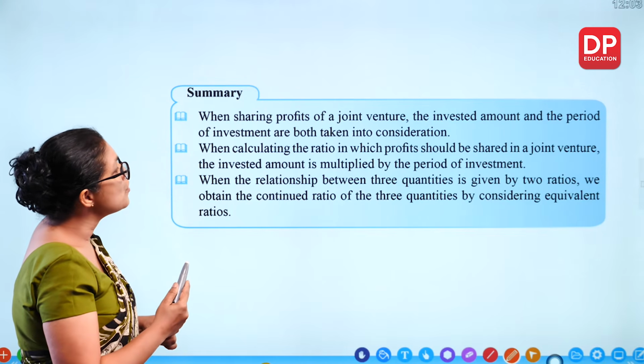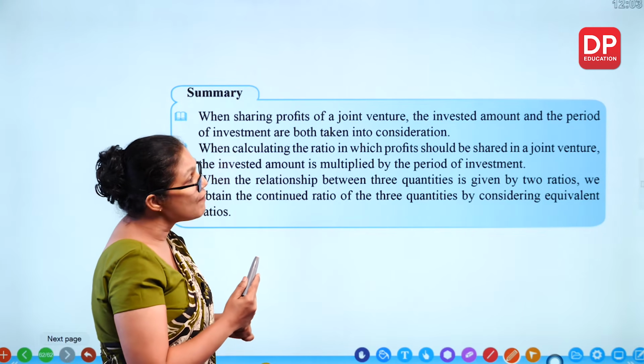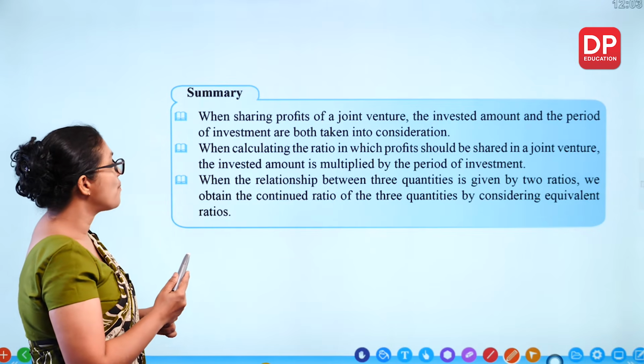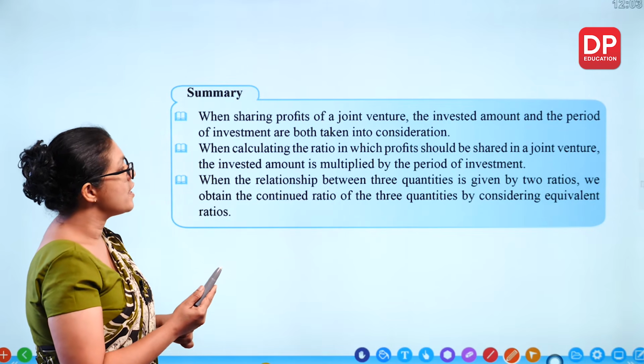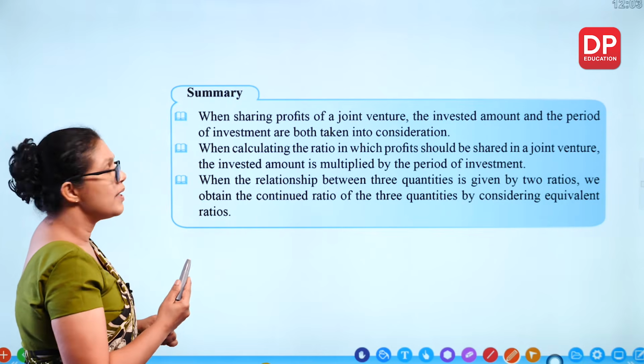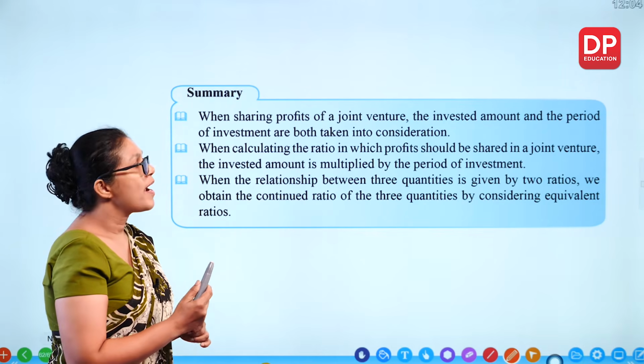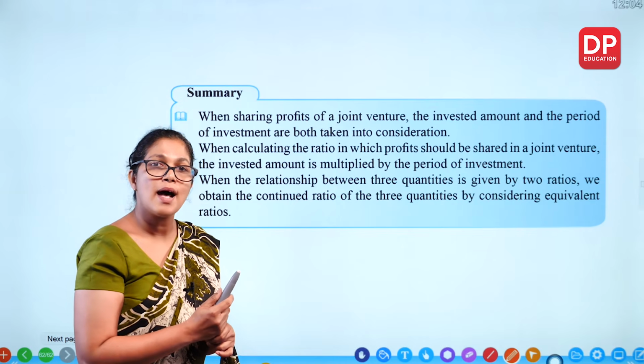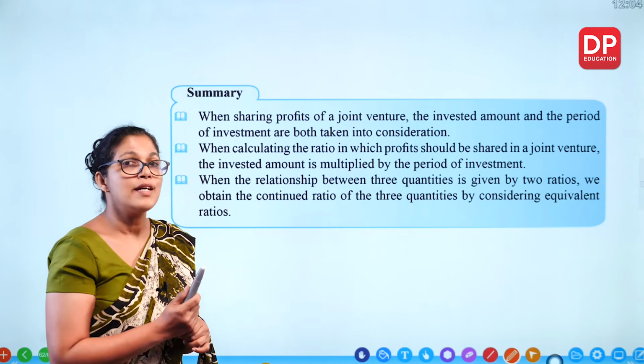When the relationship between 3 quantities is given by 2 ratios, obtain the continued ratio of the 3 quantities by considering equivalent ratios. So practice all exercises and examples and be thorough with ratios.